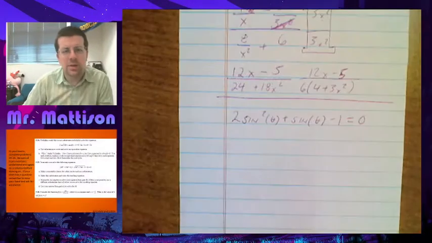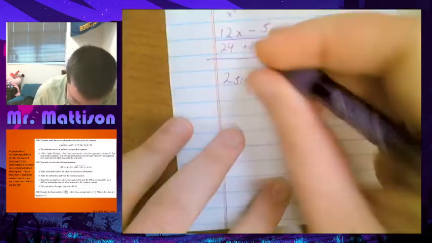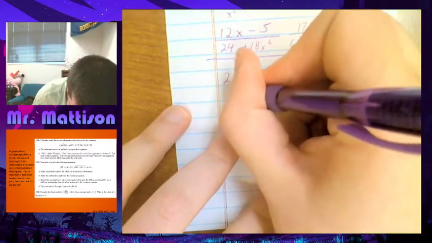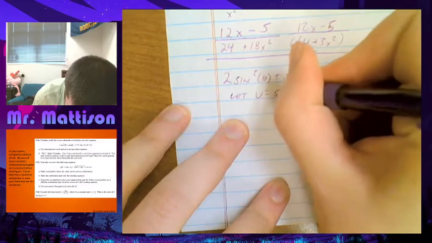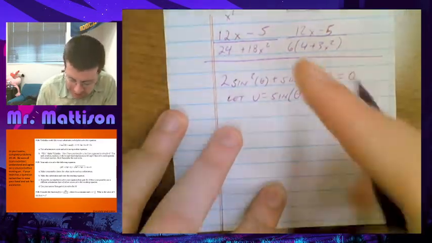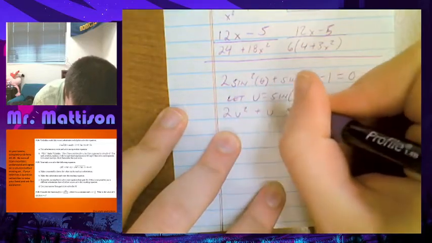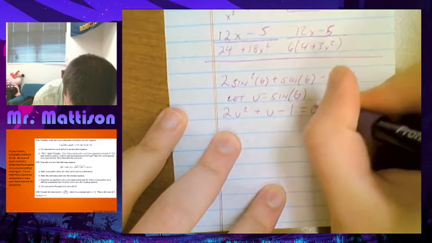All right, so hopping down here, I'm going to let my u be the sine of theta. Okay, so that means that I now have 2u squared plus u minus 1 equals 0.